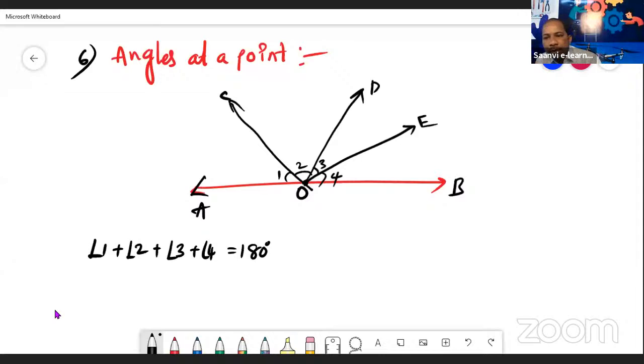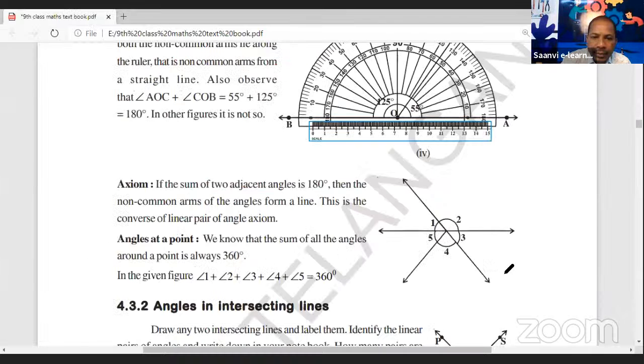If the angles are formed at a point on the same line, the sum of all those angles we get 180 degrees. So this is angles at a point. When the angles are formed at a point on the same line, their sum is equal to 180 degrees, a straight angle.